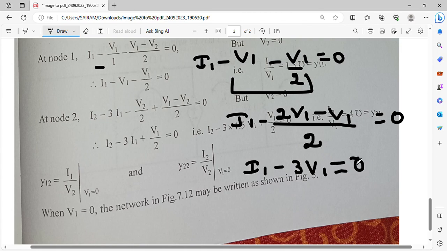Just a minute, I'm going to clarify this. So here I'm going to get 2V1 minus V1, so I'm going to get V1. Just a minute, students, I'll clarify.